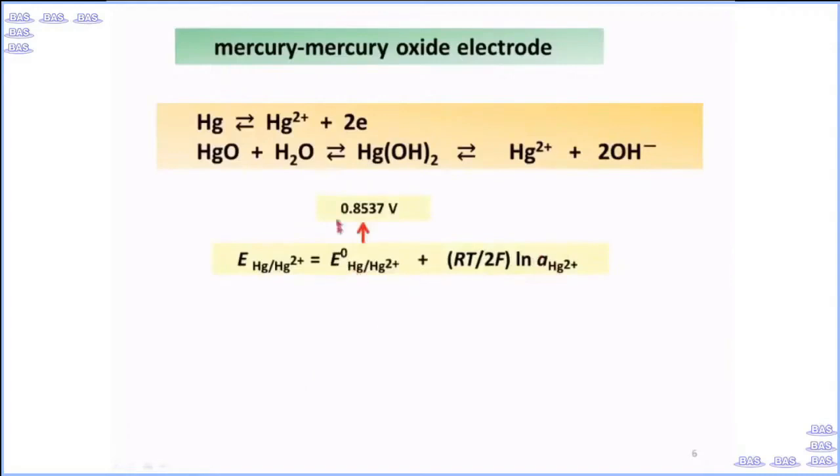These are constant, and the total potential depends on the mercury divalent ion content.